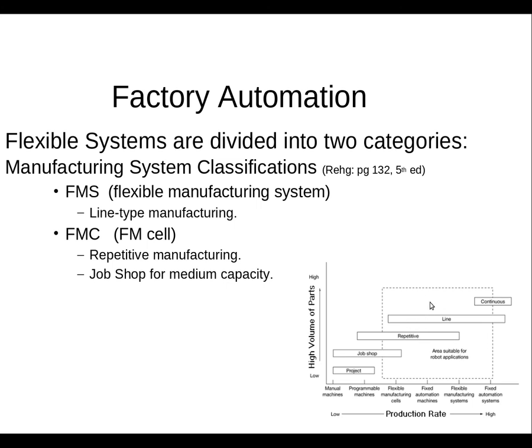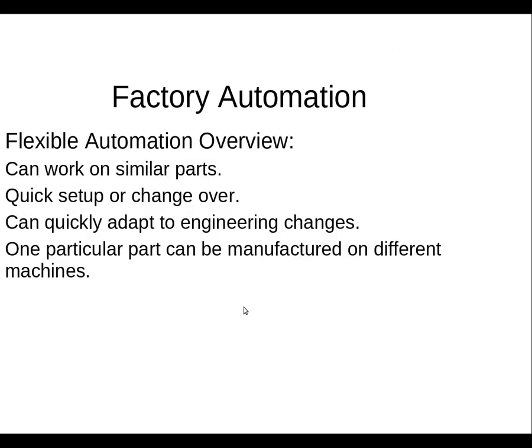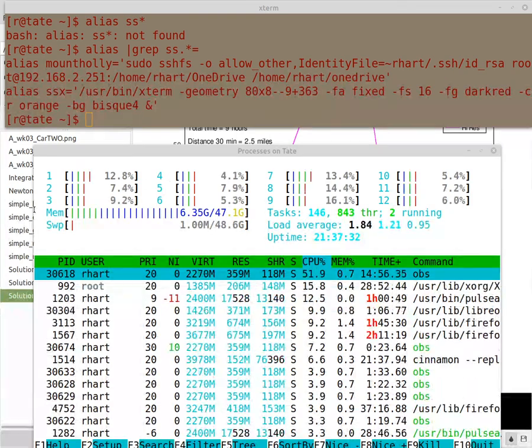One of our goals is to get it so that as much as possible could be inside of this box, where it can be automated as much as possible, and therefore improve efficiency and production rates. All right, so that's pretty much it for the flexible automation.